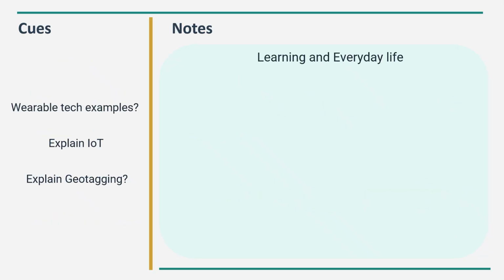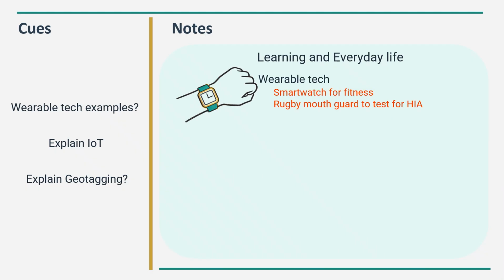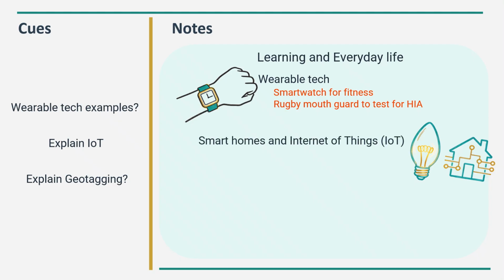Other examples in learning and everyday life include wearable tech, like smartwatches for fitness or even rugby mouthguards that test for head injury assessments during games. There are also smart homes and the Internet of Things, which allows devices and objects to connect to each other, which you can then access remotely.